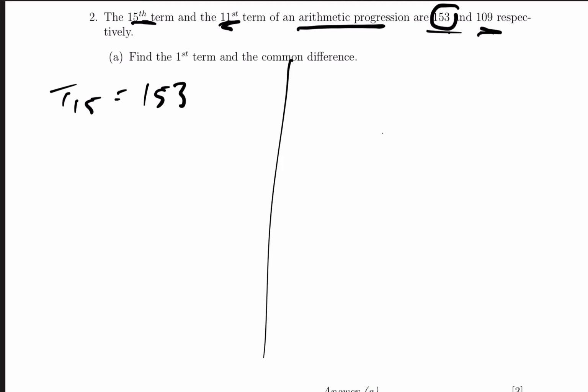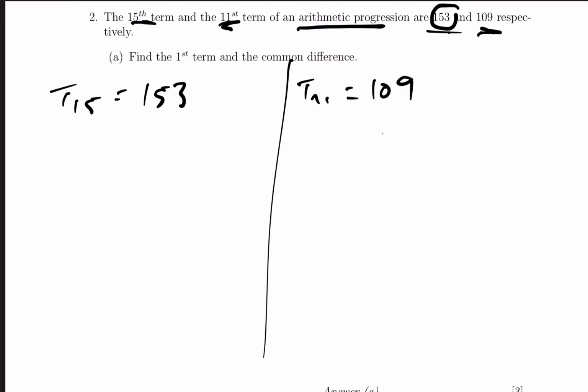So the 15th term corresponds to 153 and the 11th term corresponds to 109. What does this mean? It means term number 15 is equal to 153, and term number 11 is equal to 109.